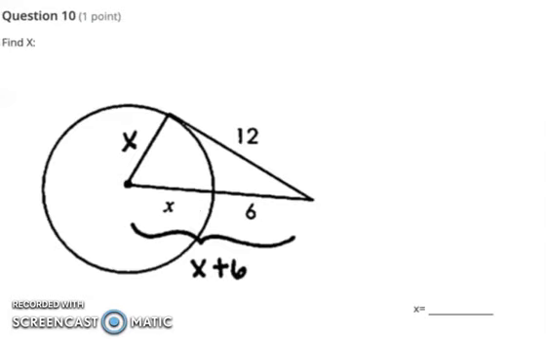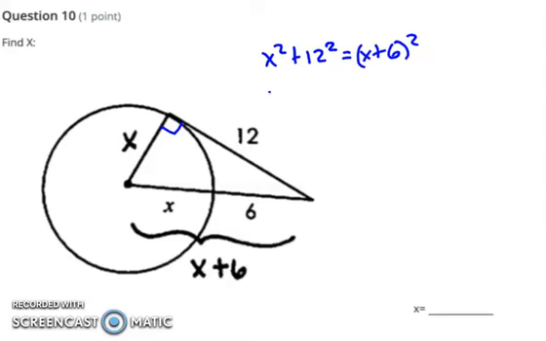This one just says find x. A little bit trickier algebra here. We have to assume that this is a tangent, which should probably be in the directions. But we're going to use the Pythagorean theorem to find this x. Tangent lines are perpendicular to the radius or diameter. So we have x squared and 12 squared as our legs, and x plus 6 squared as our hypotenuse.